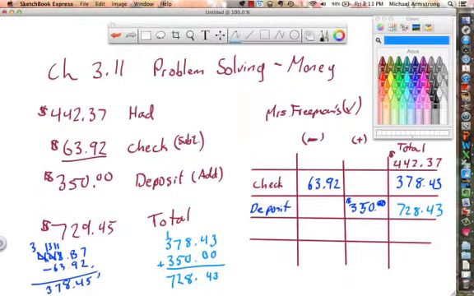Oh, we're taking away. We start with 440, and we subtract 60, that would be 380, and that's close to that. And 380 plus 350 is 730, and that's close to that. So it's a reasonable answer.